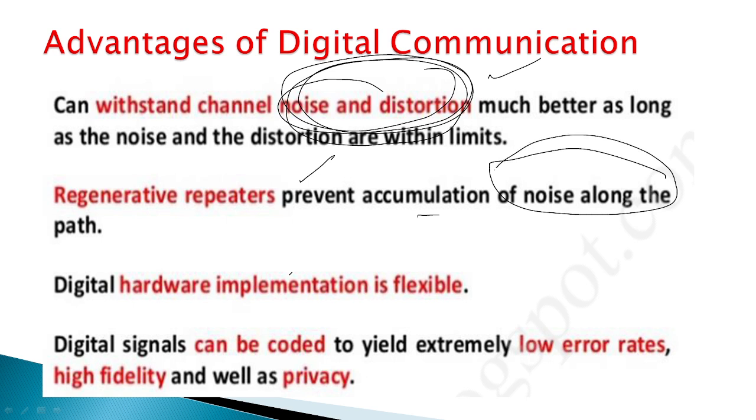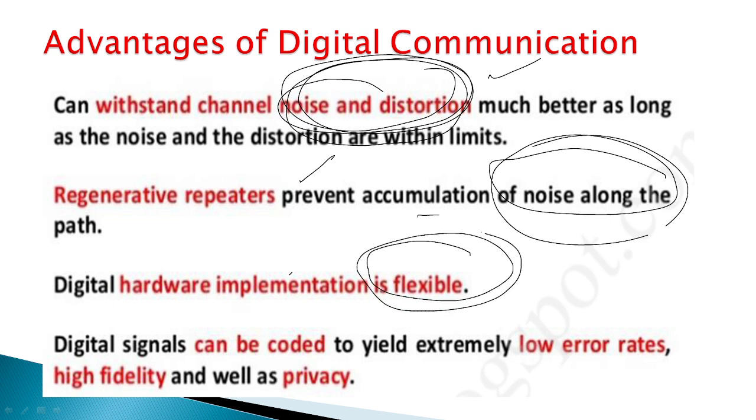Hardware implementation is very easy compared to analog. It is very difficult to transmit analog directly, and hardware implementation is very difficult. That's the reason we are going for digital communication transmission. It is very flexible compared to analog, noise is less, interference is very less, and that's the reason the error rate is also very less compared to analog.